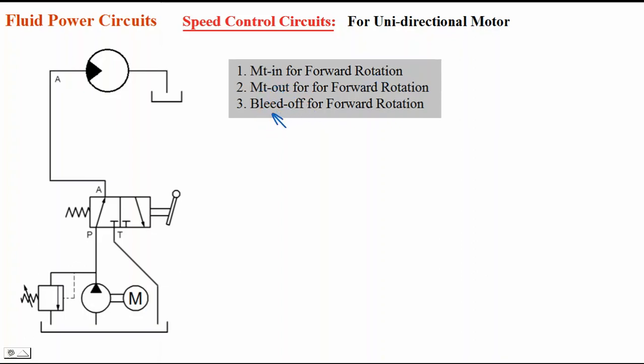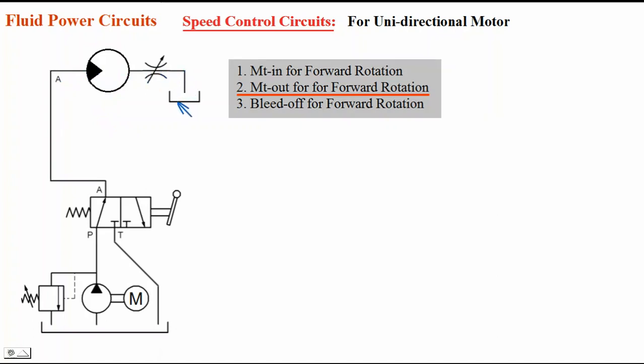So first one is meter in. I can keep the flow control valve here. No need of a check valve because reverse direction rotation is not possible and reverse direction flow is also not there. The oil which is going to the motor is controlled, so that's why it is metered in for forward rotation. If I take the oil which is coming out of the motor, which is flowing out of the motor, so that is controlled here.